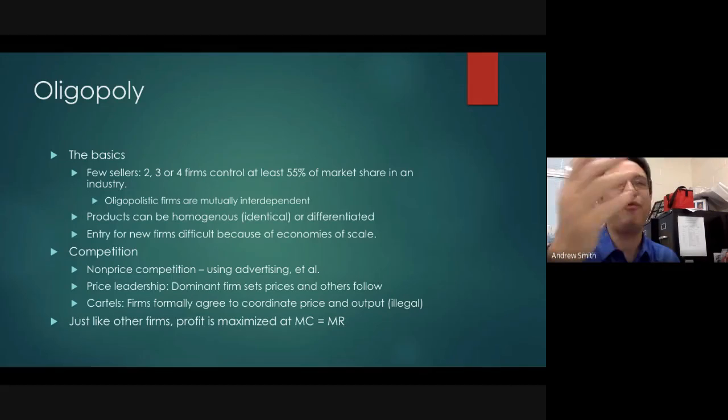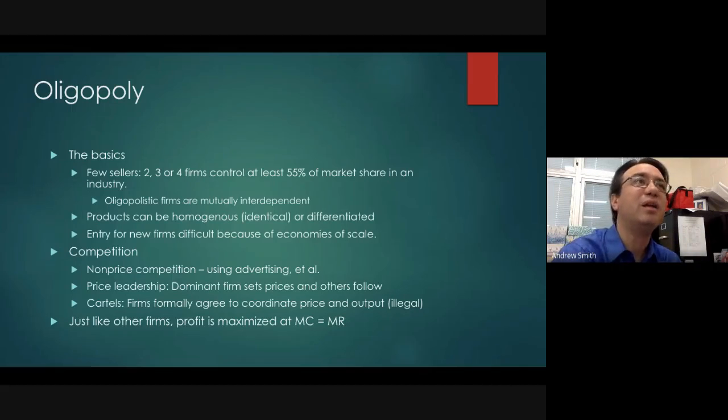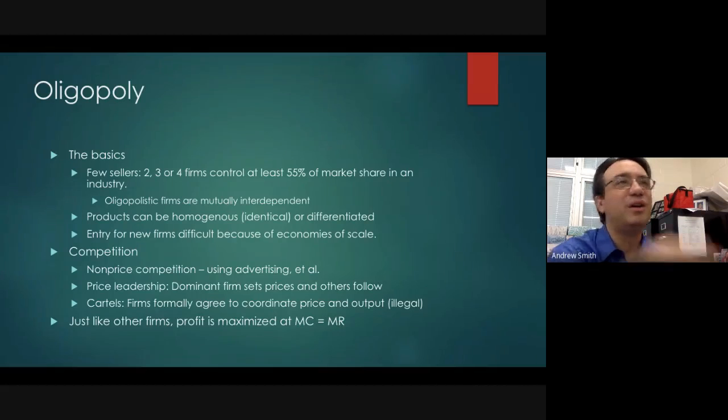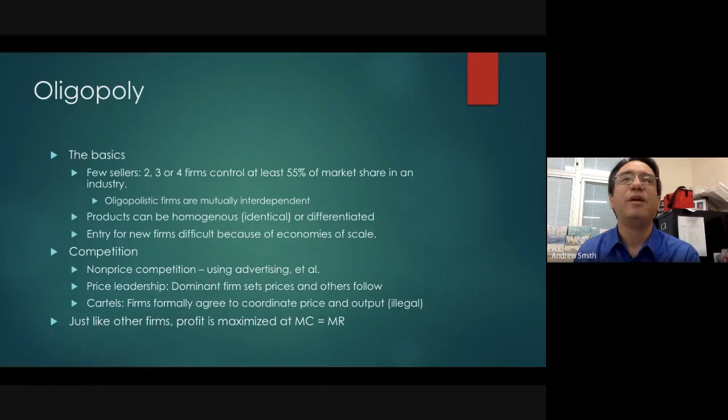That foils it and brings everything back to the market. A lot of times then what OPEC does to retaliate is they'll open the floodgates to push the price way down to punish us for doing so. That's sometimes how oligopolies work, where if one firm goes rogue and lowers its prices dramatically, for example, or increases supply dramatically to lower the price, the others will retaliate, often by doing the same thing. And that's what causes a price war.